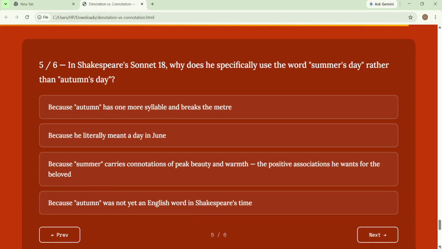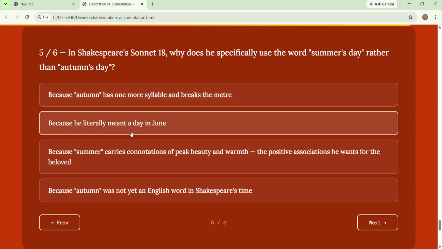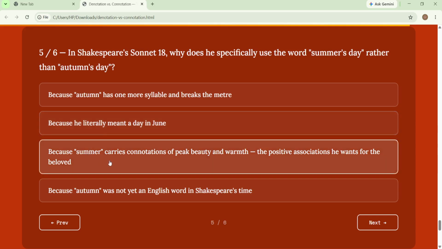Now moving on to the next one. In Shakespeare's sonnet number 18, why does he specifically use the words summer's day rather than autumn day? Because autumn has one or more syllables? We're not talking about phonetics, so it is out. Because he literally meant a day in June? Well, it can't be considered. Let's look at the third one: because summer carries connotation of peak beauty and warmth, the positive association he wants for the beloved.